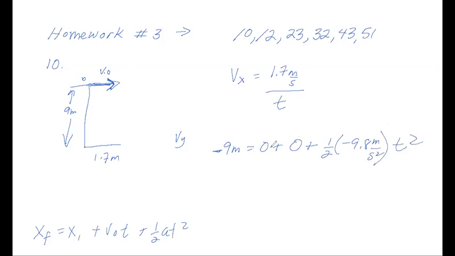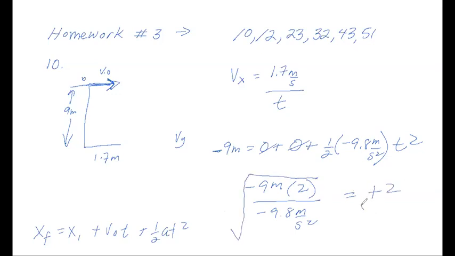So negative 9 meters times 2 divided by negative 9.8 meters per second squared equals t squared. Now I'm going to take the square root of both sides, and solving for t, I'm going to get 1.3 seconds.